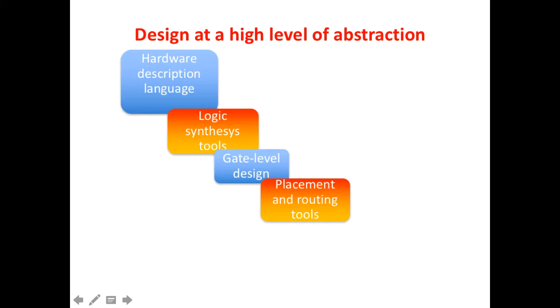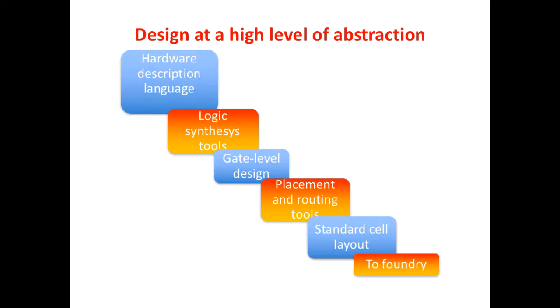The placement and routing tools, depending on the complexity of the chip, can already place all the standard cells and put the routing, and then one typically has to adjust the routing and adjust the position of the standard cells in order to, let's say, improve the operation of the whole chip.